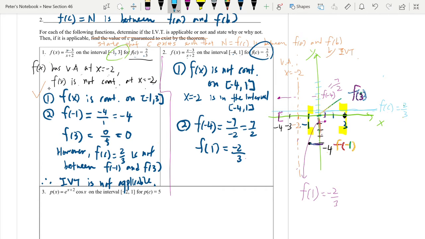So we have to see, is my f of c value, or the point of the line of interest, between f of 1 and f of -4, or f of -4 and f of 1? And then you see that it is, right? My lowest point is -2/3 with this interval, and then, well, I mean, oh, I shouldn't. Well, let me rephrase. Not lowest point.